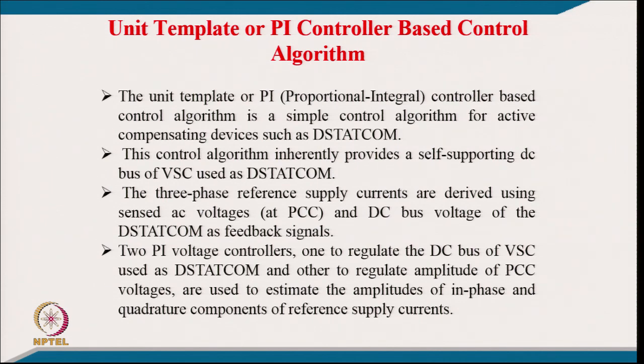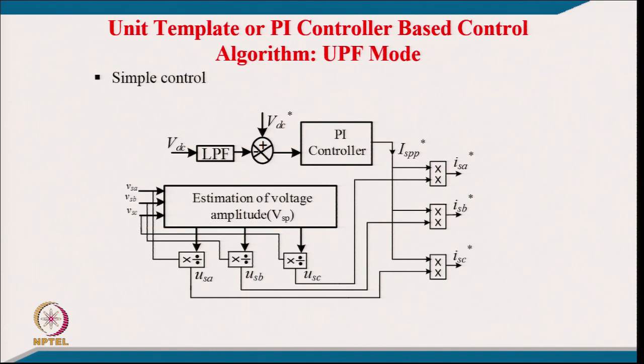Two PI controllers are used, one to regulate the DC bus voltage of the VSC and the other to regulate the amplitude of the PCC voltage, to estimate the amplitudes of the in-phase and quadrature components of the reference supply current. So, we will discuss this with the block diagram.